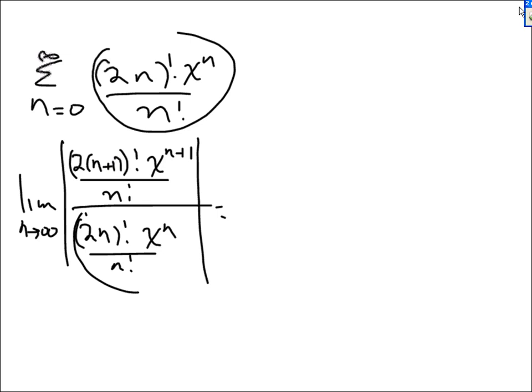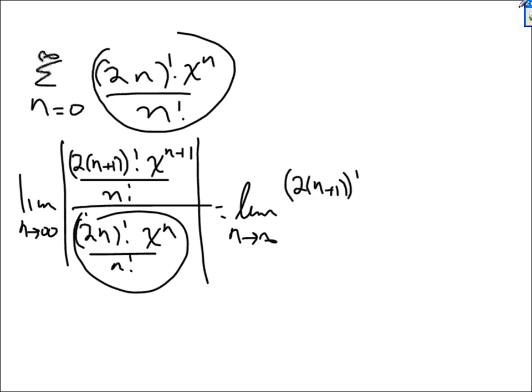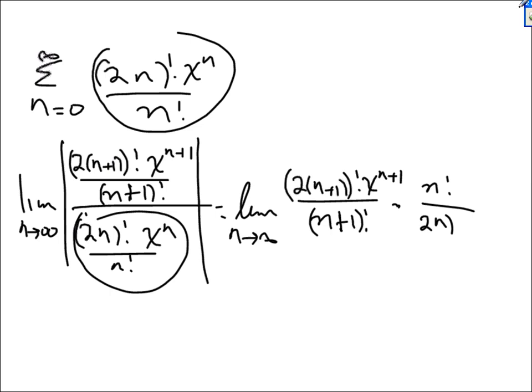And you flip over the denominator. You multiply instead. So you have (2(n+1))! x^(n+1), n!, and something did go wrong in the bottom. It should be (n+1)!. So (n+1)!, n!, (2n)!, x^n.